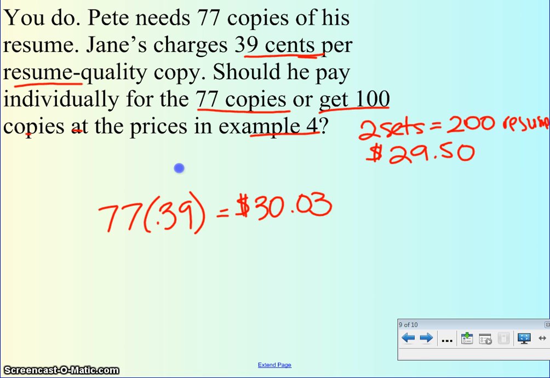So the question becomes, would I rather have 200 resumes at $29.50 or 77 resumes at $30.03? And obviously I would want the one where I am going to spend less money. So I'm going to go ahead and get the 200 resumes at the $29.50. And that ends this lesson.